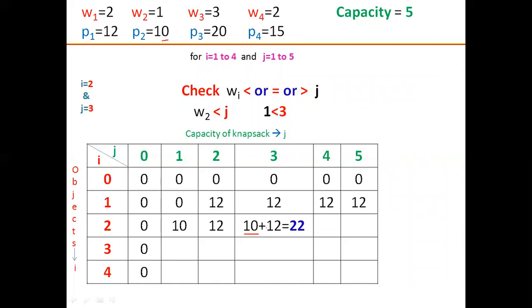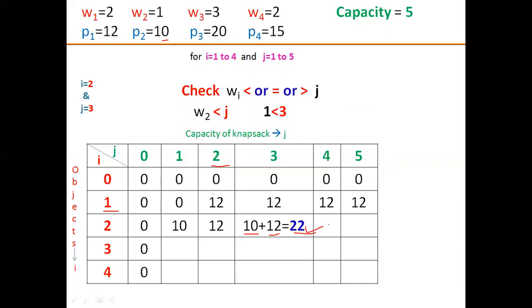Then the remaining capacity is 3 minus W2, which is 1. 3 minus 1 is 2. So in the previous row, this column, how much is it? First row, second column is 12. So 10 plus 12 is 22. Now compare the previous profit 12 and the current profit 22. The current profit 22 is greater than the previous profit. So I have to keep 22 here.